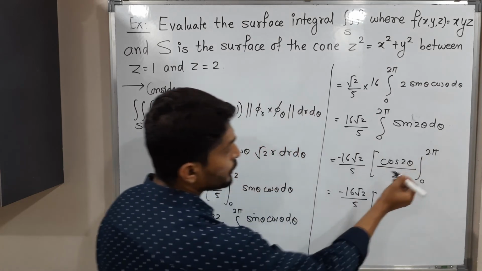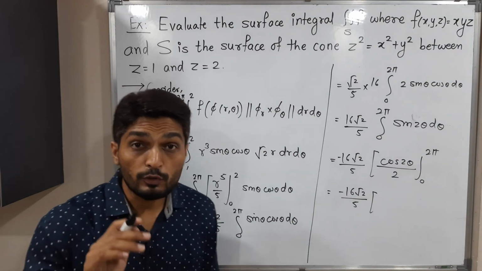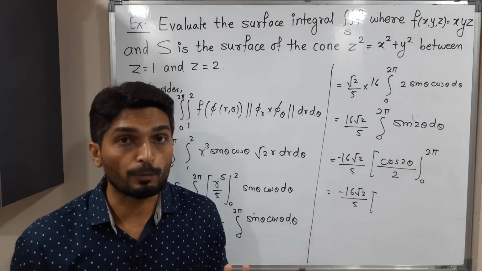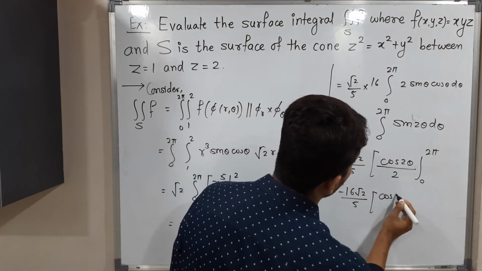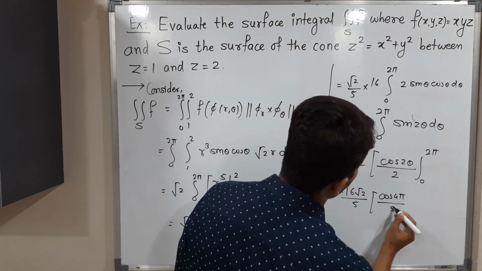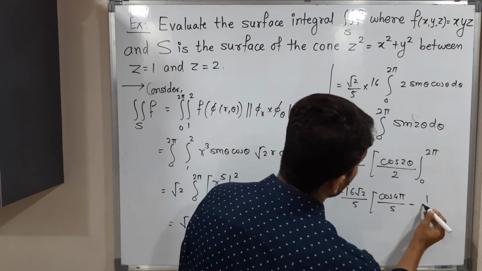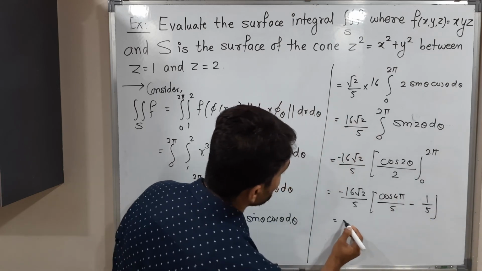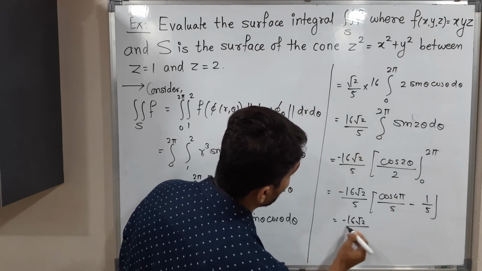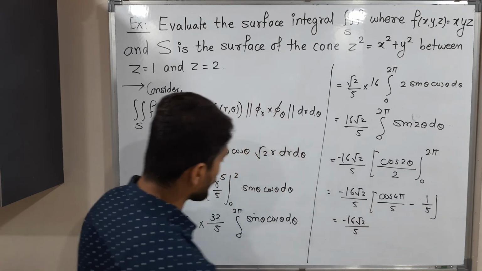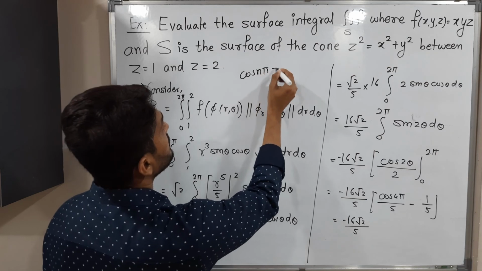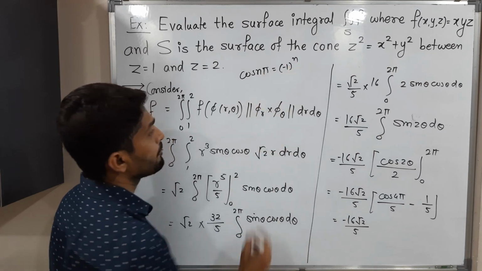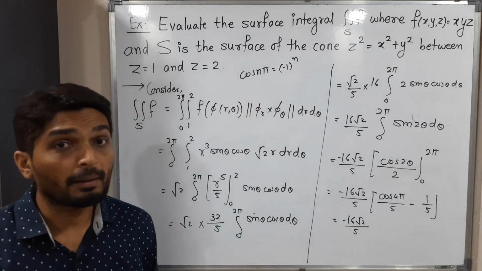So I should put 2 pi in place of theta, so we will have cos 4 pi by 2, and if you put 0, cos 0 is 1 by 2. So minus 16 root 2 by 5. Cos n pi is minus 1 raised to n.